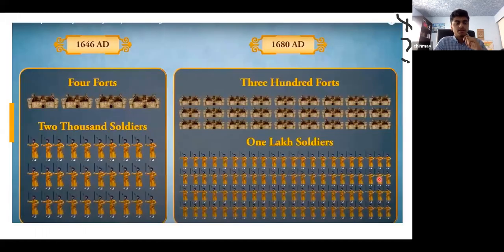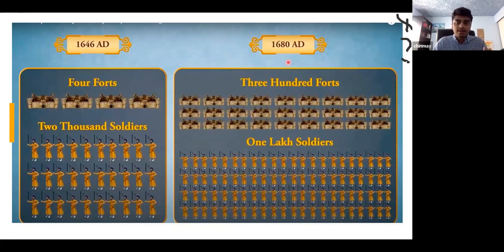So just so we can get a bit of an understanding of how incredible Chhatrapati Shivaji Maharaj's accomplishments were, we can just look at this right here. In 1646, when Shivaji was only 16 years old, by then he had 4 forts and 2,000 soldiers.